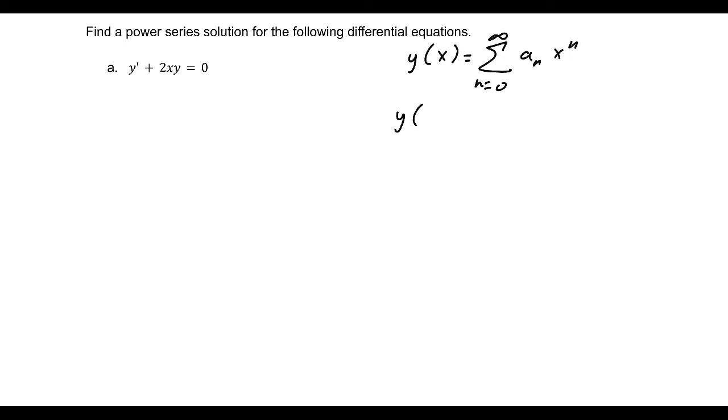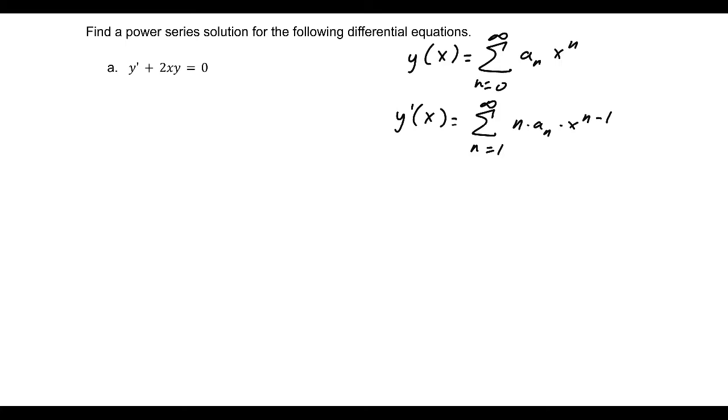And this means that y prime of x is equal to the series from n equals 1 to infinity of n times a sub n times x to the n minus 1, using the general power rule. Now we're going to substitute these two functions, y of x and y prime of x, into our differential equation.